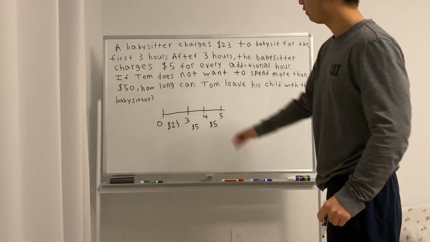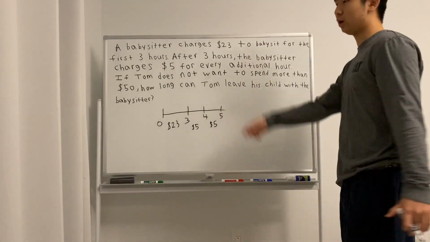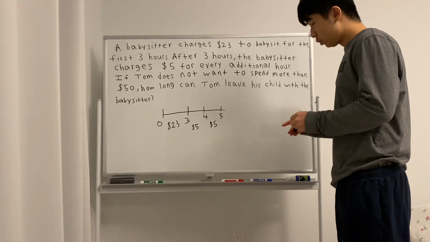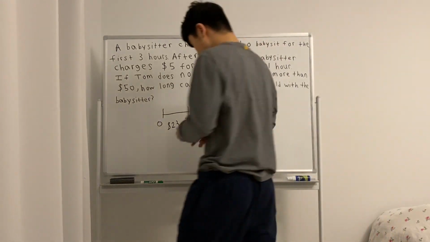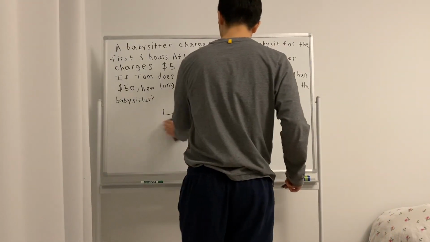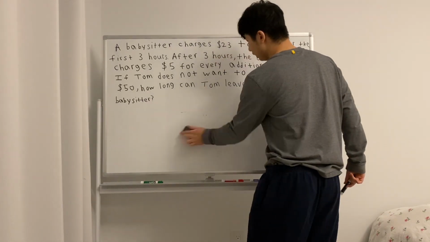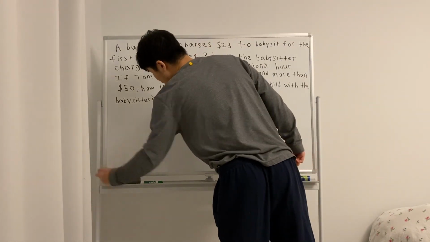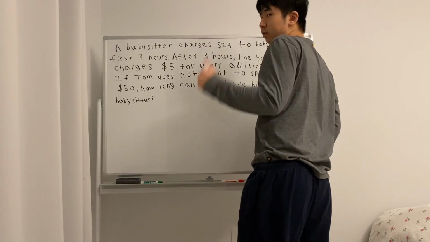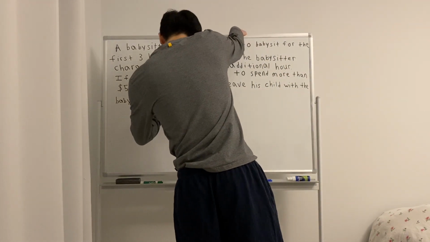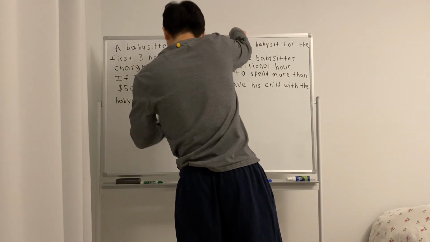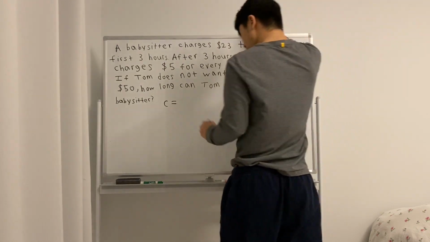So now that we have this visual representation of what's going on here, I'm going to erase this, and I'm going to create a formula. I'm going to let C represent charge. So C is equal to, our base value is $23.